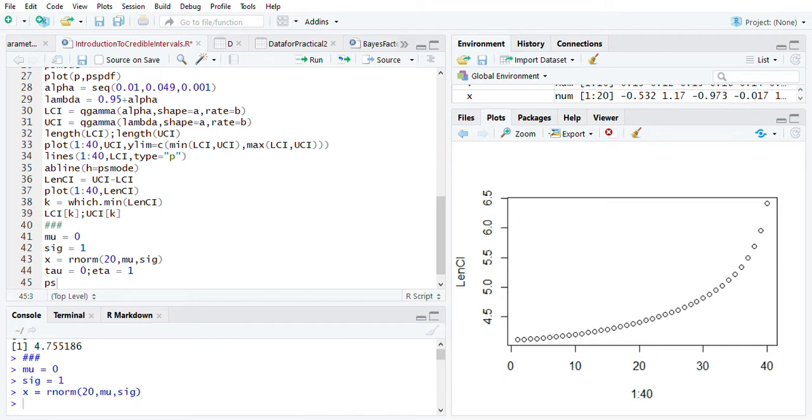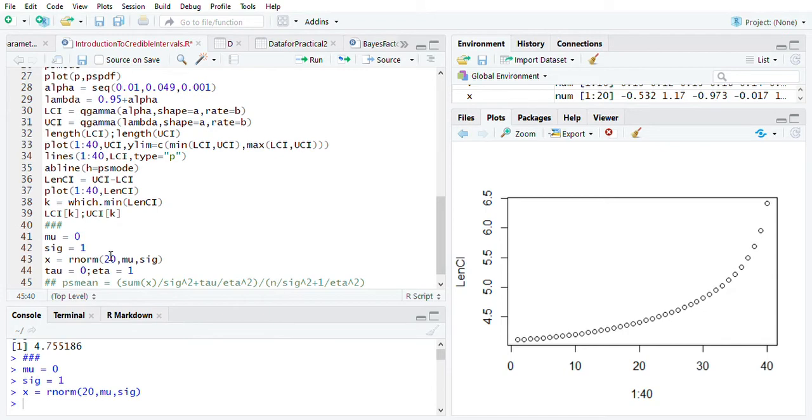Let us write this here in the comment section. The posterior mean will be sum of x upon sigma square plus tau upon eta square, all this divided by, sorry, not 1, n upon sigma square plus 1 upon eta square.